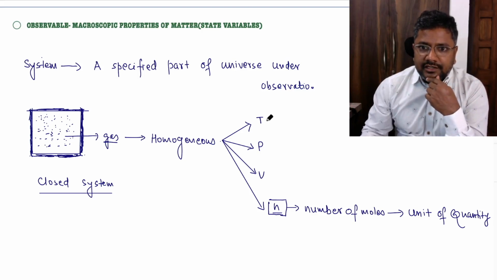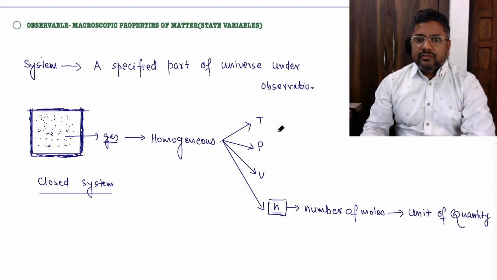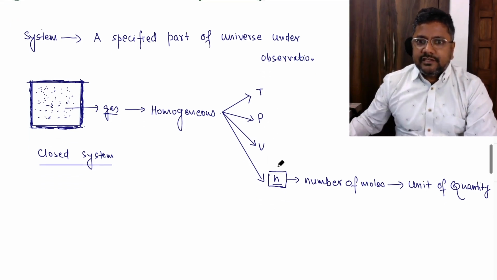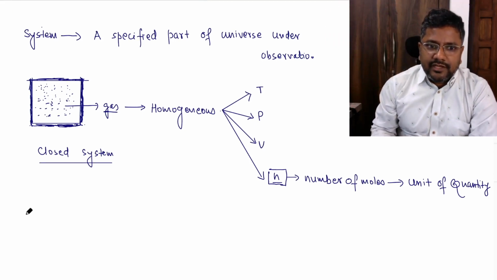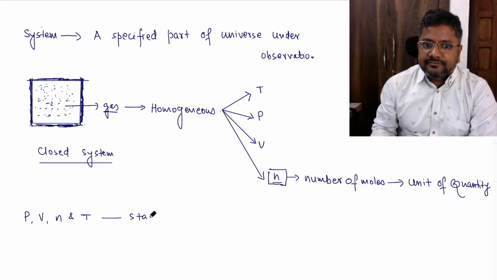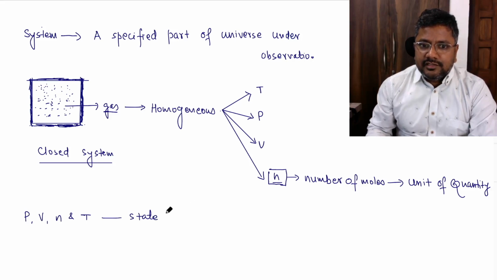Now here T, P and V. So see dear students, all four variables P, V, n and T are called state variables.